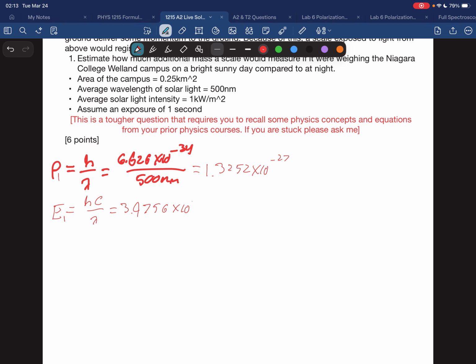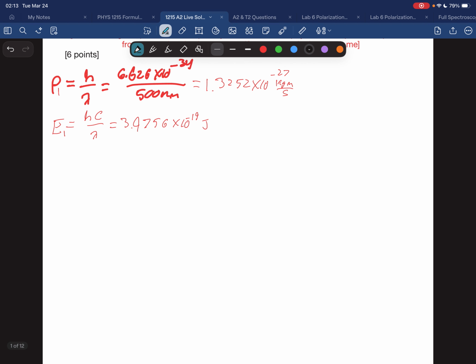It's 3.9756 times 10 to the negative 19. And of course, this is joules and kilogram meters per second. So that is my momentum and my energy for a single photon. We're going to come back to that. I'm going to use those later.